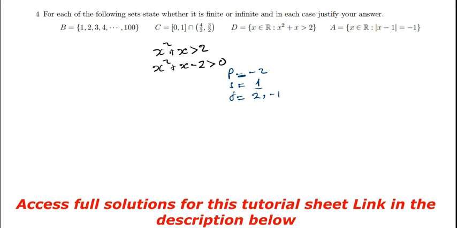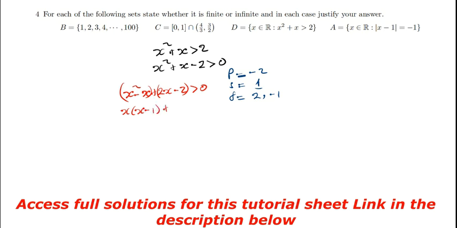So when we solve this, we are going to have x squared minus x, then plus 2x minus 2 is greater than 0. Then we factorize: x is common, we remain with x minus 1.